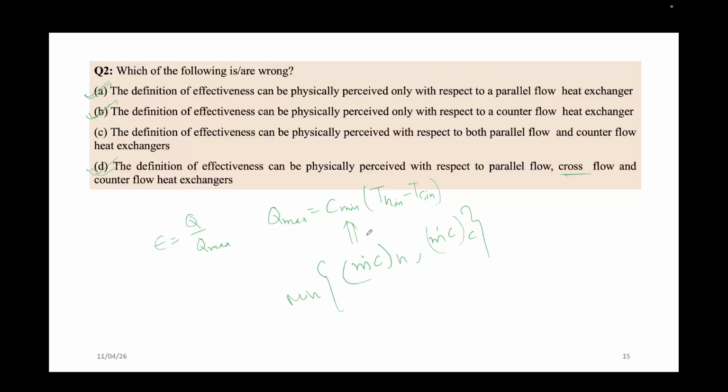Not NTU, NTU is a part of effectiveness. It depends on NTU. It is one correct. Another? Area, in the sense, not directly area. Just think and let me know.